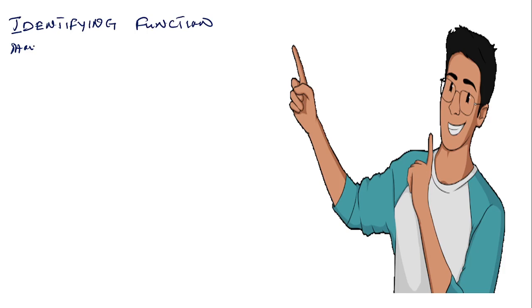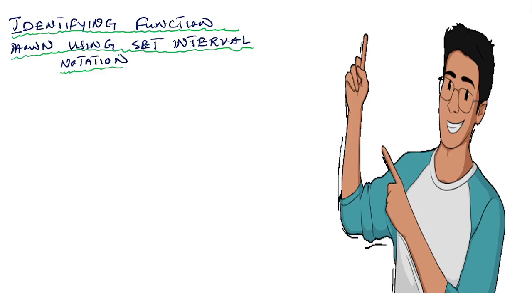So let's quickly look at how you can identify if a given relation is a function or not a function when it is shown in what? Set interval notation. So you guys, if you have been following my classes, when we were dealing with sets, I said sets give the basis of everything that we are going to be discussing.